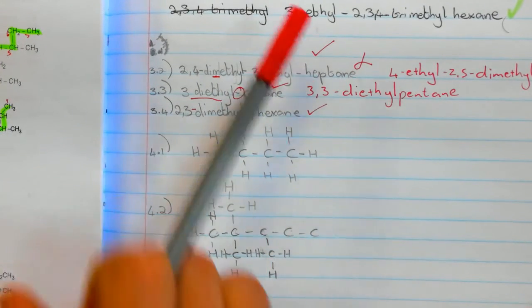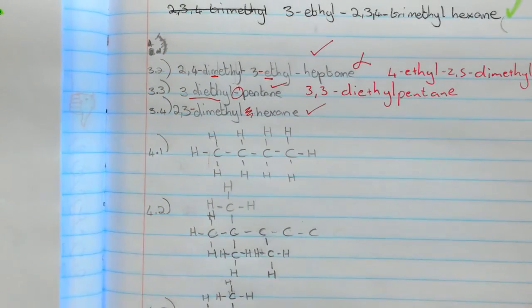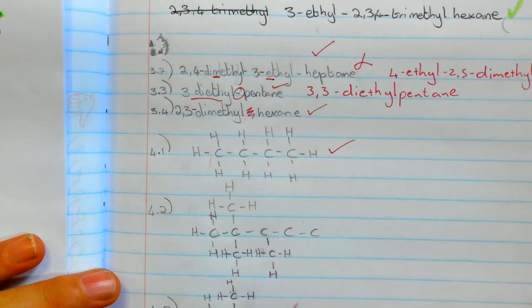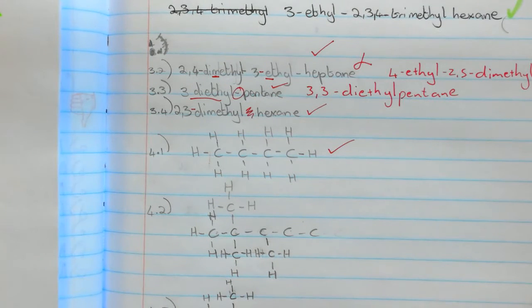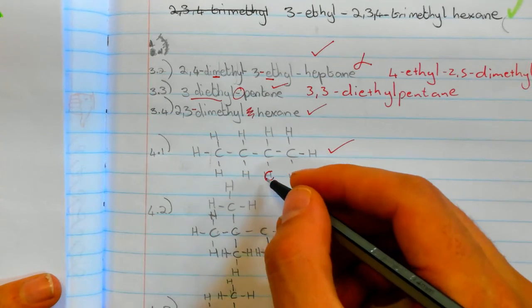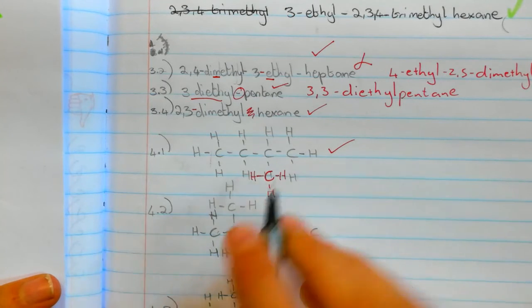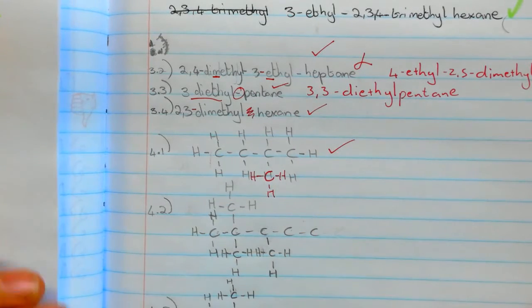For the first one, methyl butane. Now you're correct in drawing butane. What is missing there? The methyl group. So, instead of having a hydrogen there, we simply add a C with 3 H's around it. Okay. This is methyl butane.